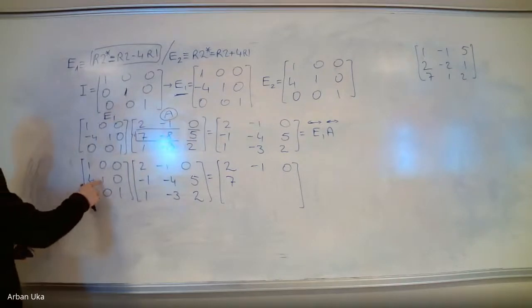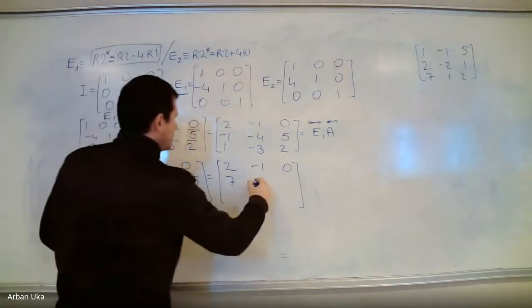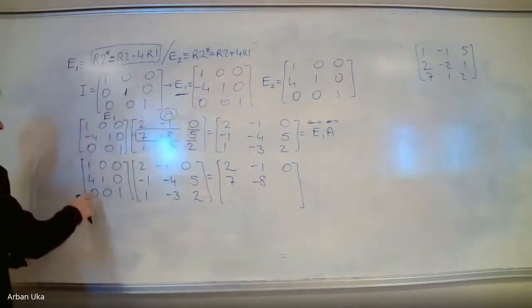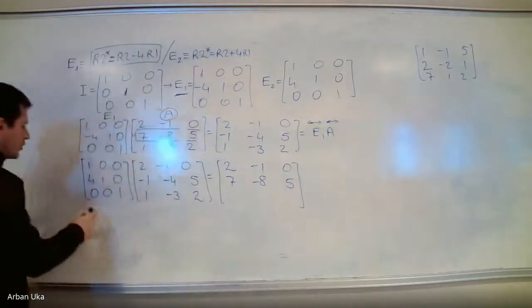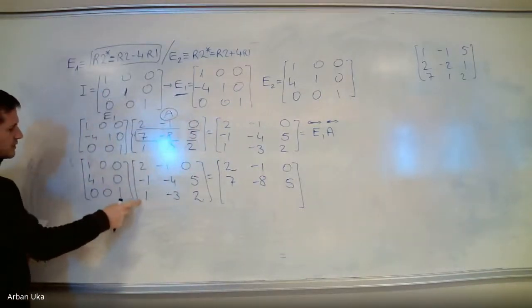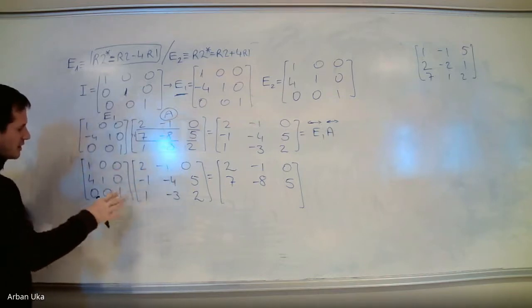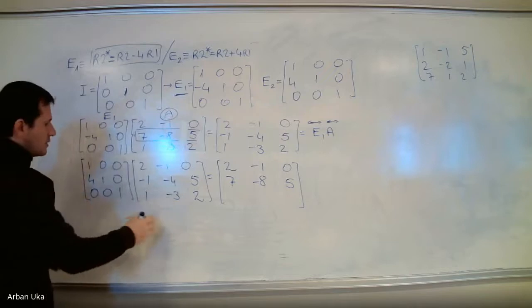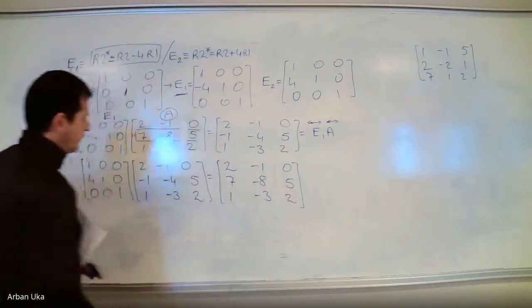Then here we have 4 times minus 1 is minus 4, minus 4, minus 8, and then we get 5. And the third row does not change much because we have 0, 0, 1. If we multiply by 0 the first two elements each time, we get nothing. By 1, we multiply only these. It's 1, minus 3, 2.